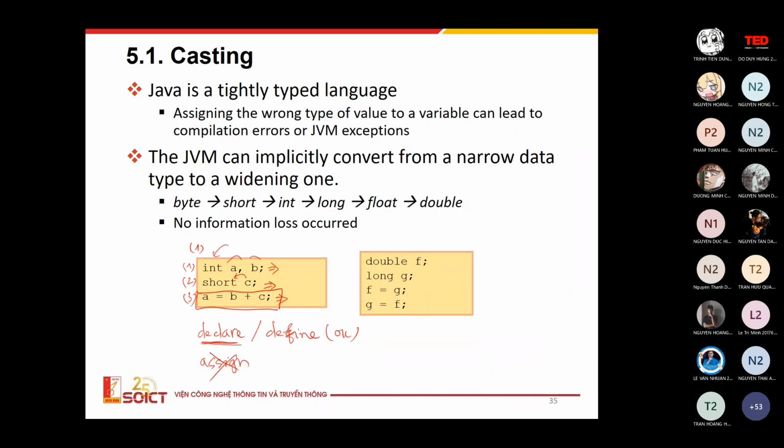Okay. For the first command, you declare A and B of the type int. That means in the memory, you will have two boxes. One for A and one for B. And the size for each box is 4 bytes.